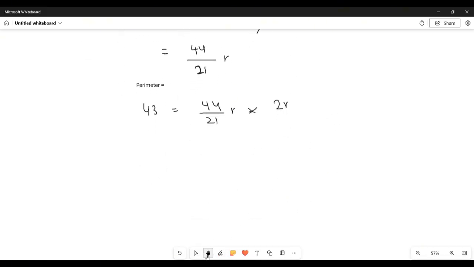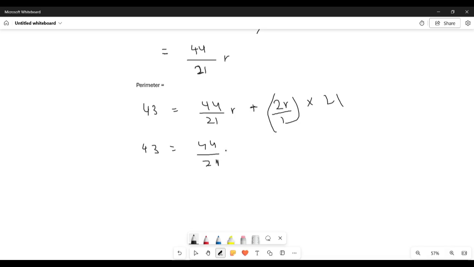So, oh, I made a mistake. It's plus. Okay, so like again you cannot take your 21 to the other side. So here there is 1, you can multiply this whole thing into 21. That leaves you with 43 over 1, 44 over 21 r plus, oh no wait, 44 over 21 down here.